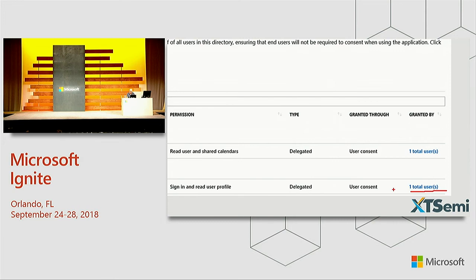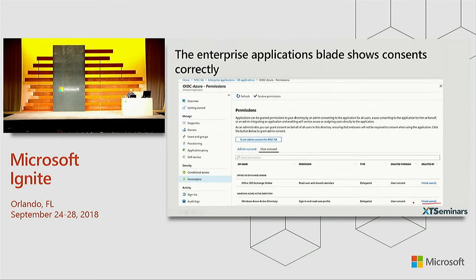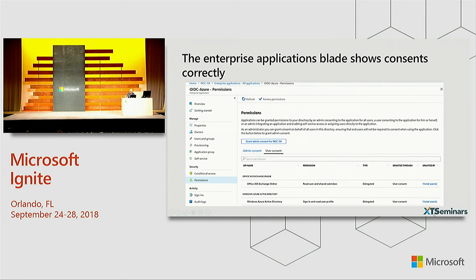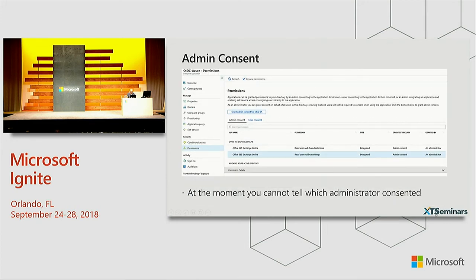Of course, multiple users could consent. If you click on the users, you see which users there are. But if we look at admin consents, at the moment, it just says it was consented to by an administrator, and we don't know who the administrator is. In the future, that will change. But for the moment, we can't tell.